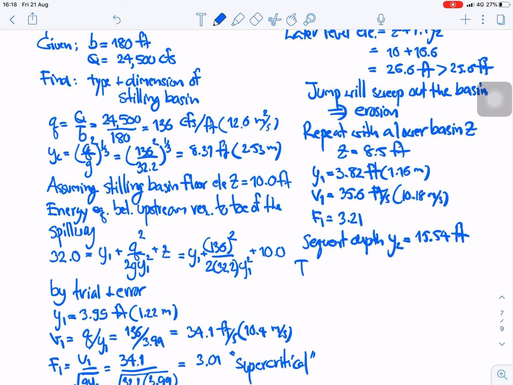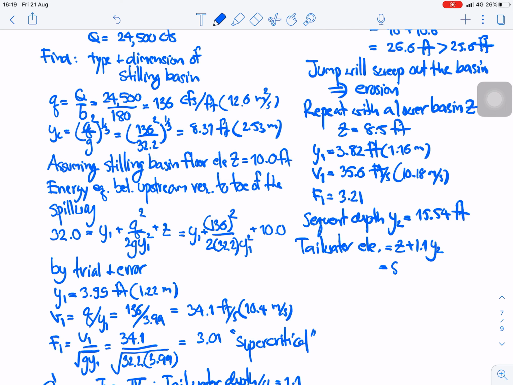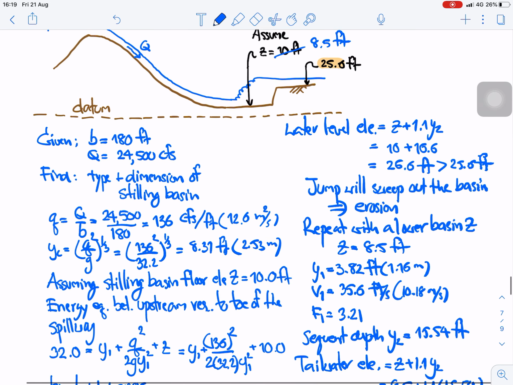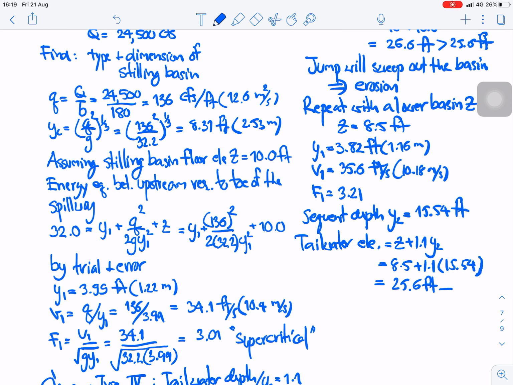And check the water elevation again, z plus 1.1 of the depth. So we get about 25.6, which is okay, yes, because it's equal to the elevation of the downstream channel.